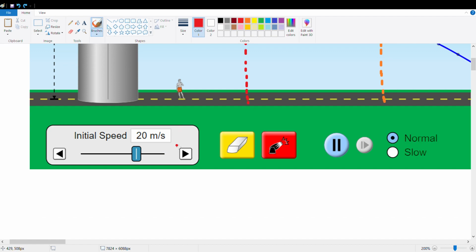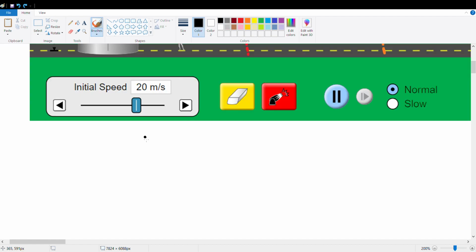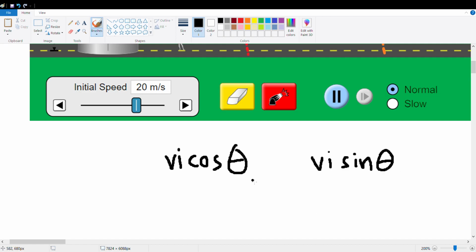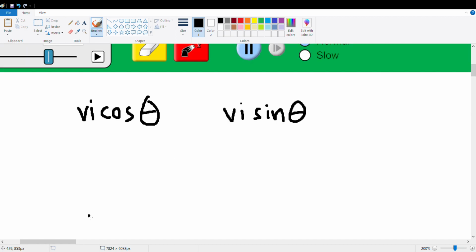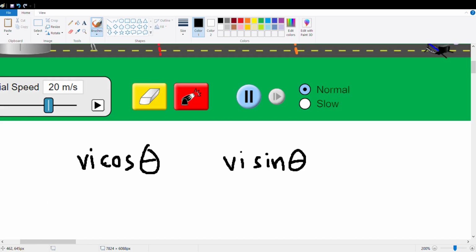From the trigonometric functions, we will just be using Vi cos theta and Vi sine theta. You already know this from the previous video if you saw it. Vi cosine is Vix.